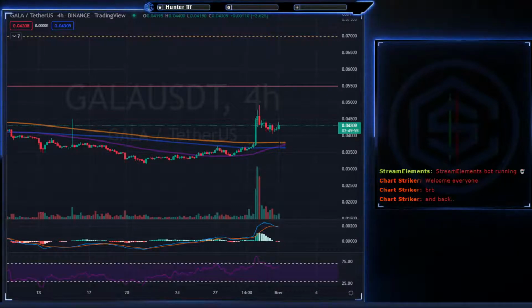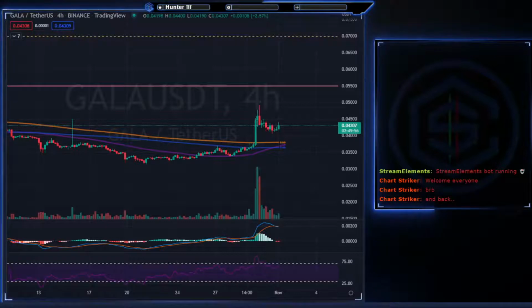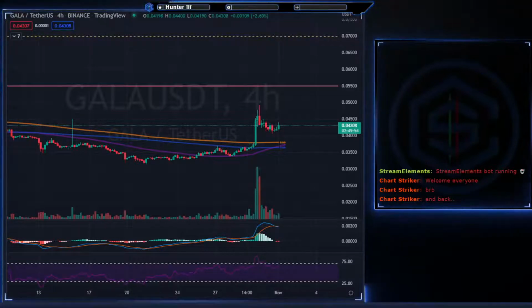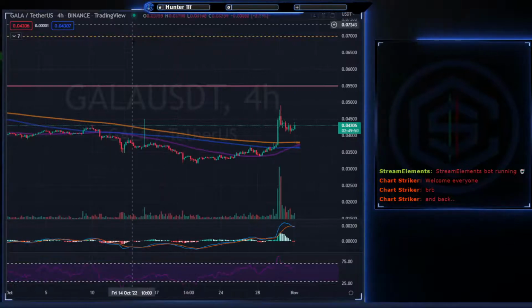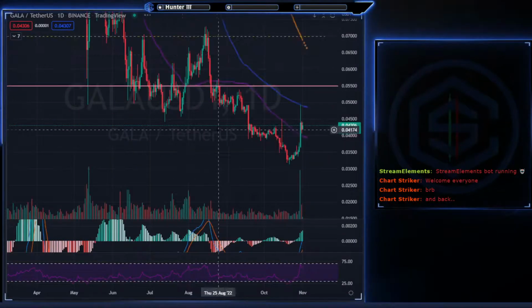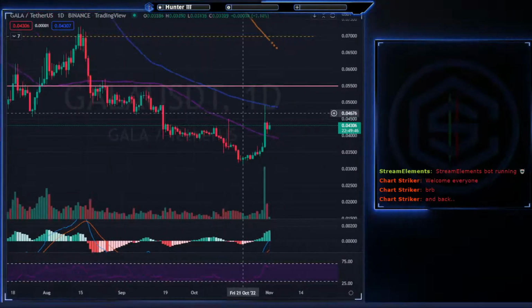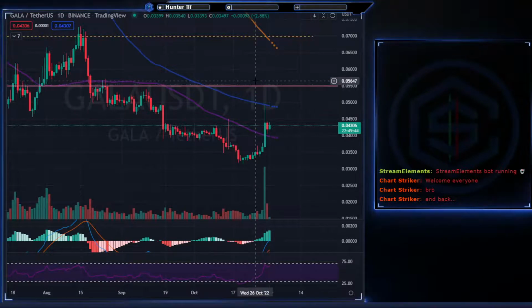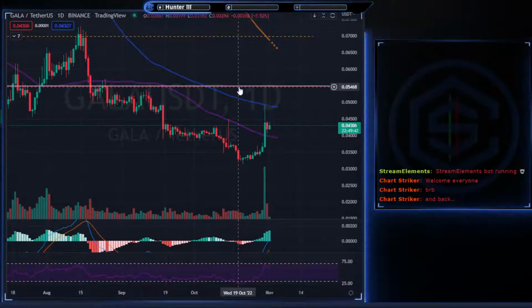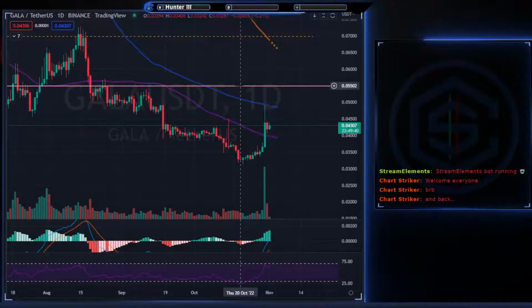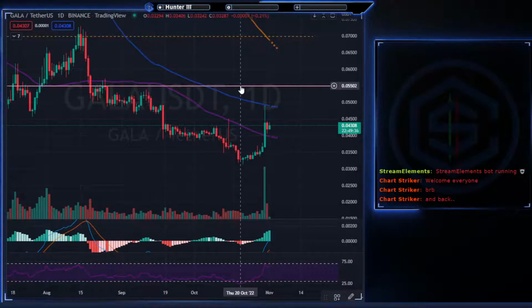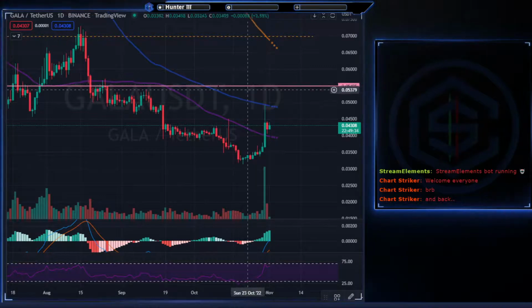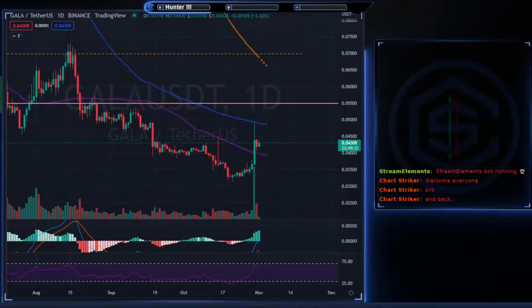Let me do this. Yeah, I can show you guys. If you wonder why 0.056, it's around these levels, and we can also fib it.